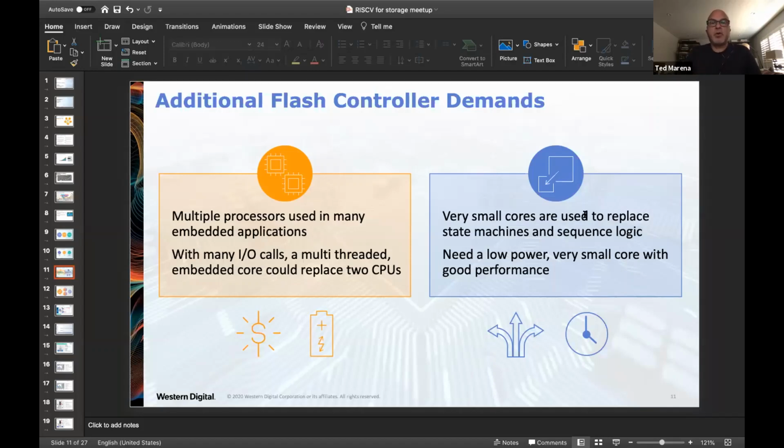And then we had other requirements where the SWeRV EH1 was just too big. So, hey, we want a smaller core. Instead of having fixed sequencing logic or state machine type of logic, if we had a small, moderate-performance core that was teeny, we could convert a lot of that and have more flexibility, and get to market a little quicker because you don't have to have full validation on some of these waveform shaping and other logic functions.